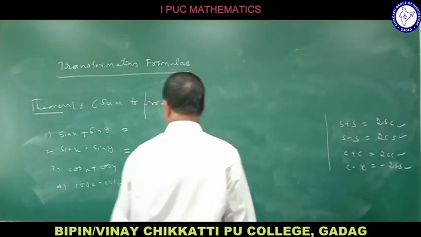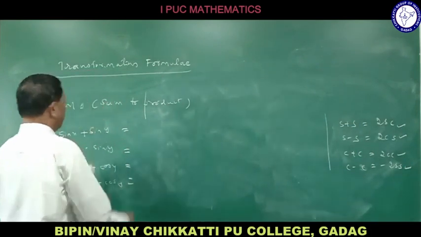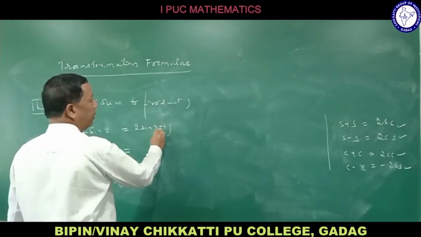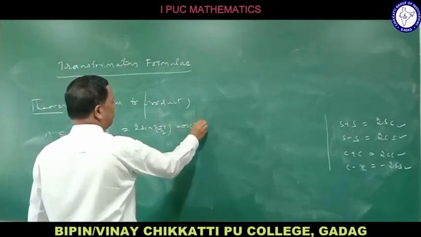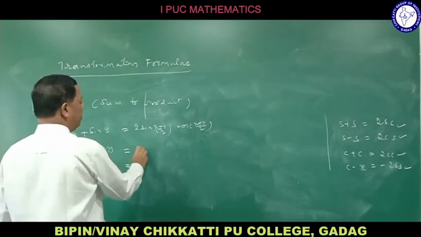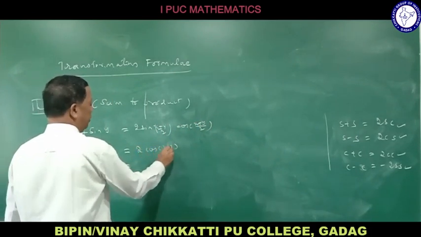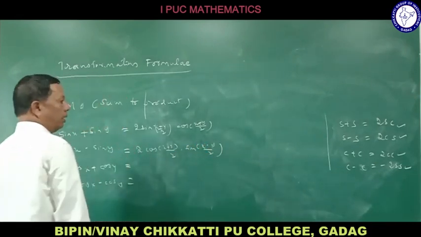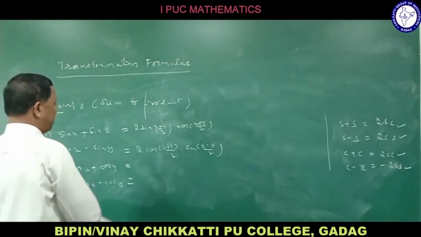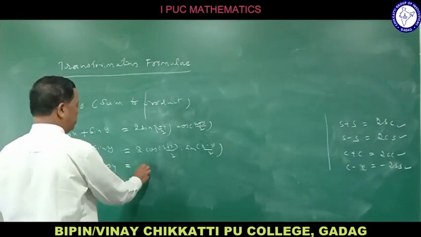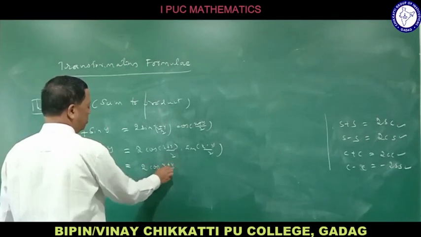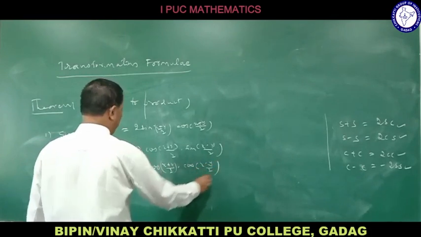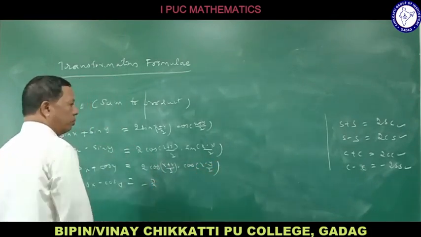So these are to be remembered. It is easy going. So 2 SC means 2 sine of (x plus y) by 2, cos of (x plus y) by 2, and this is 2 cos of x by 2 and sine of (x minus y) by 2. And the next one is C plus C, that is 2 CC: 2 cos of (x plus y) by 2 into cos of (x minus y) by 2, and that is minus 2 SS.